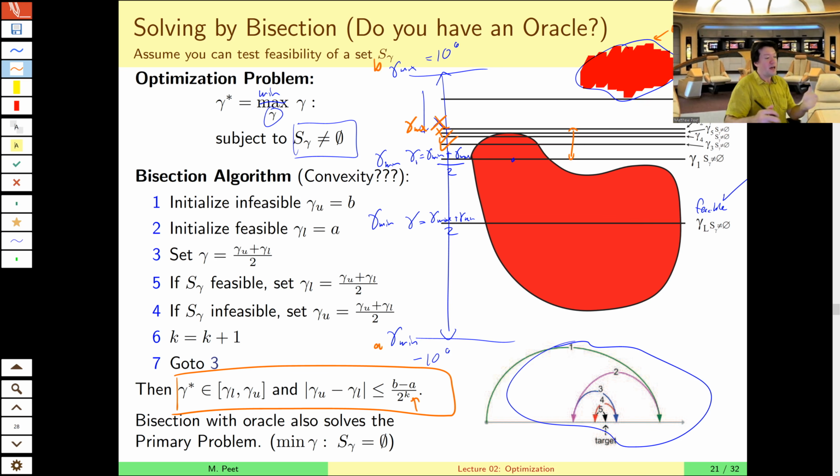But in general, if you have a convex optimization problem, and we'll talk about convexity in a bit, you can solve the problem in the purely geometric form if you can determine feasibility. So bisection, bisection, bisection, and then we get to the minimum, max in this case.